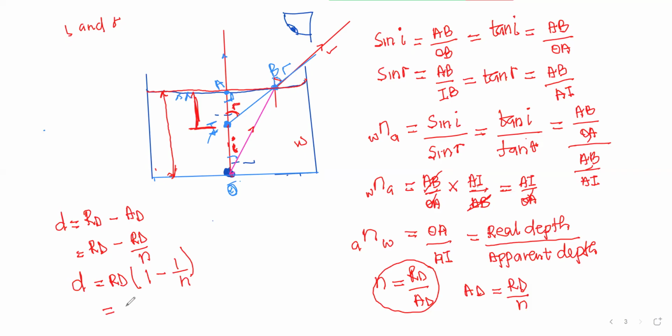So assuming the real depth is H, then the displacement will be H times 1 minus 1 over n. This is where this particular relation or expression comes from.